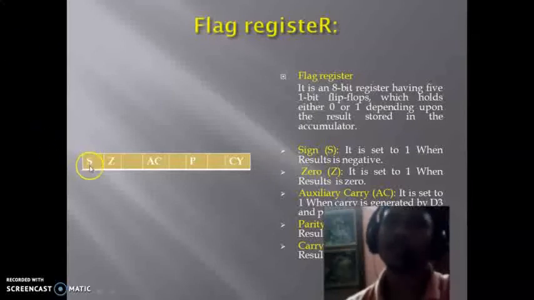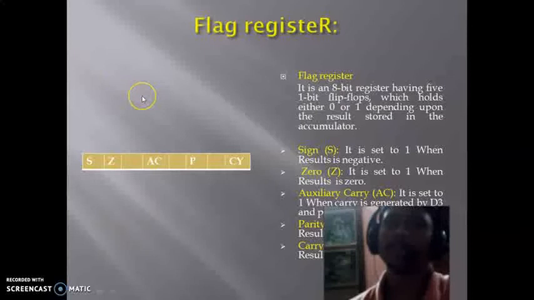First we will explain the sign flag. This is a flag by which we can understand whether the result is negative or positive. After any arithmetic or logical function, if the result is negative, then the sign flag will be set, which means it will be 1.